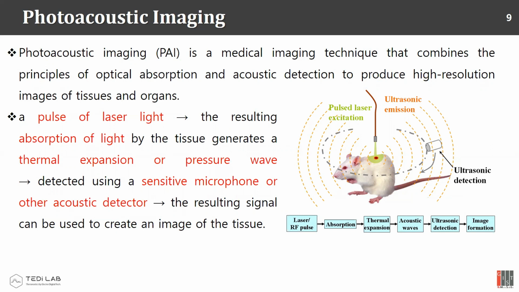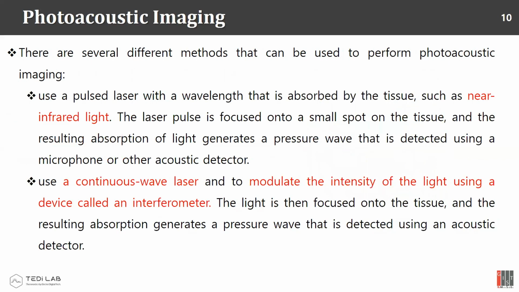In PAI, pulsed laser light is shone onto the tissue being studied, and the resulting absorption of light by the tissue generates a very small but detectable thermal expansion or a pressure wave. This pressure wave can be detected using a sensitive microphone or other acoustic detector, and the resulting signal can be used to create an image of the tissue.